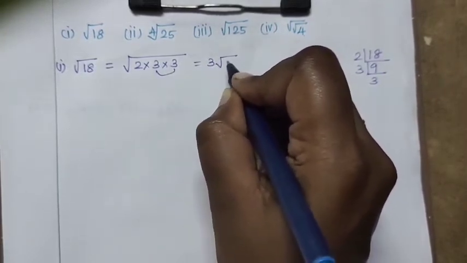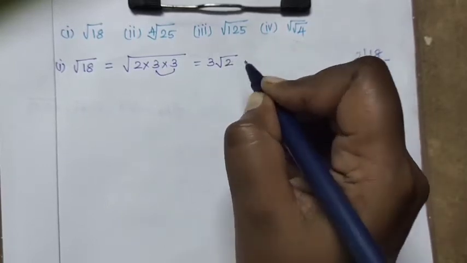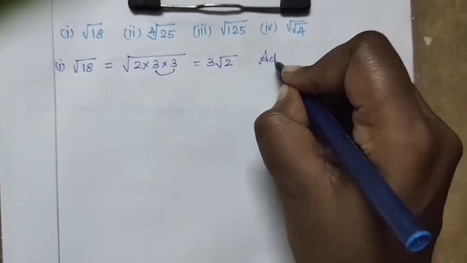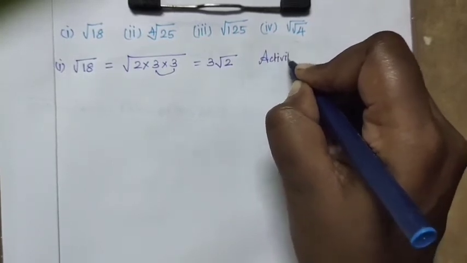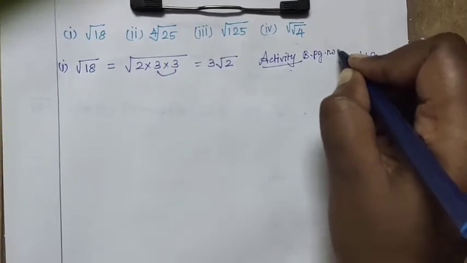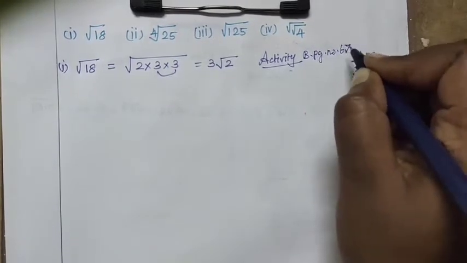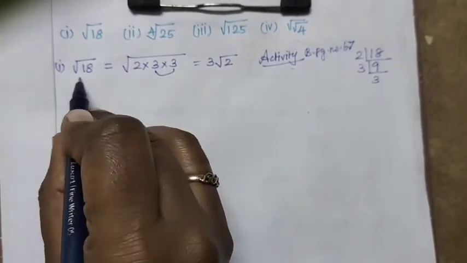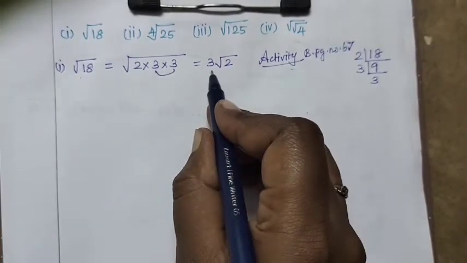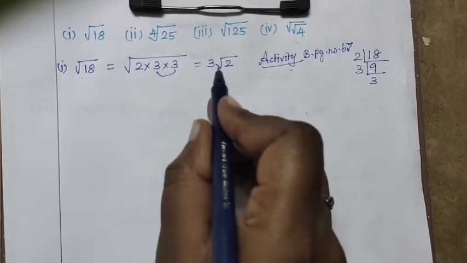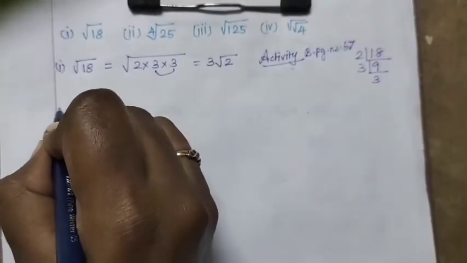Then square root of 2. This you have already done through the activity in the book, page number 67. Please see that root 18 and 3 root 2 are both the same.